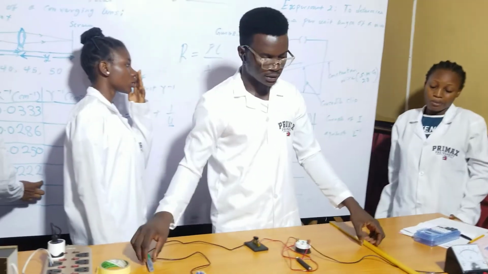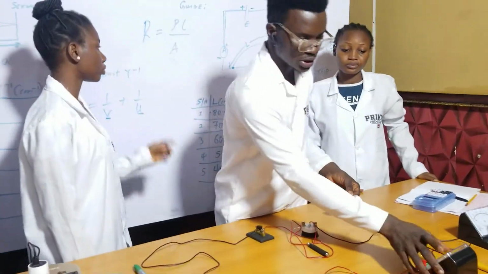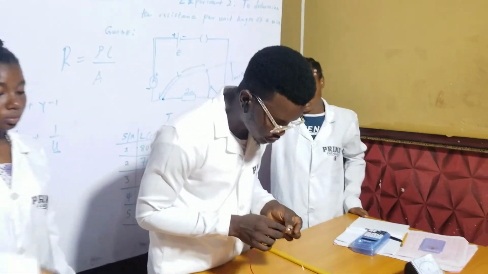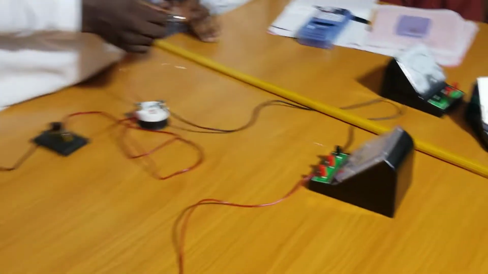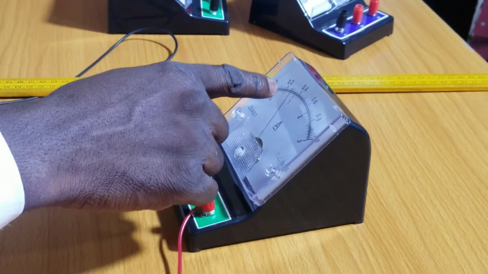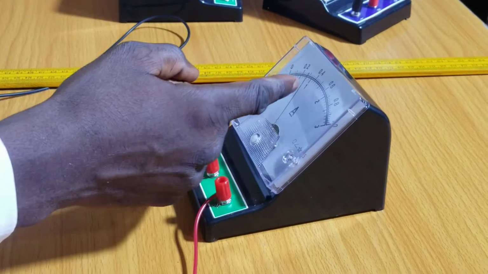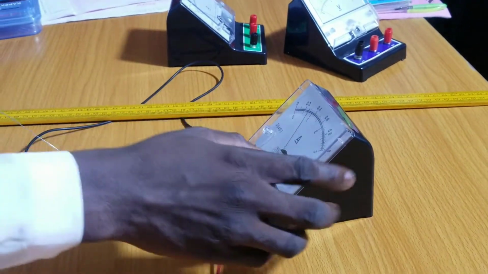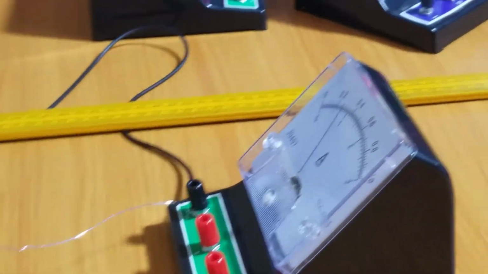Let's check that again. So check the reading very well. Is it 0.9 or? Check it properly. So this is 0.5, 0.6, 0.7, 0.8. It is still like 0.84. You understand? It didn't get to 0.9. Avoid error due to parallax.